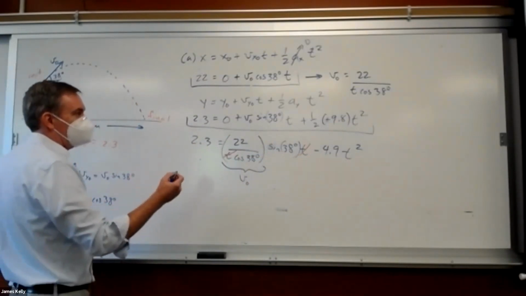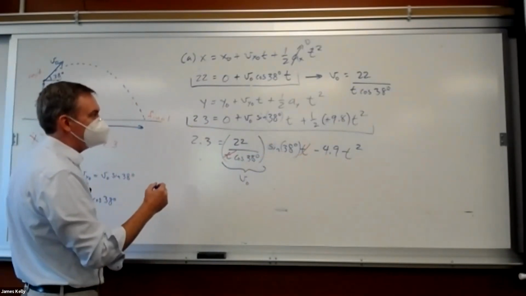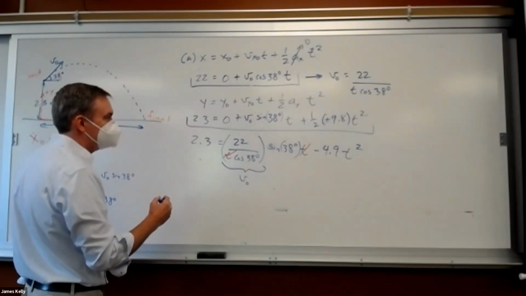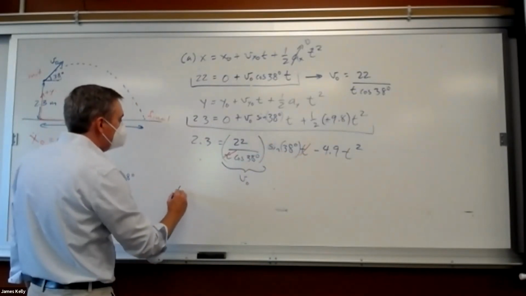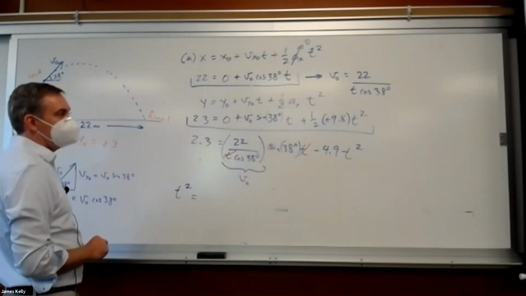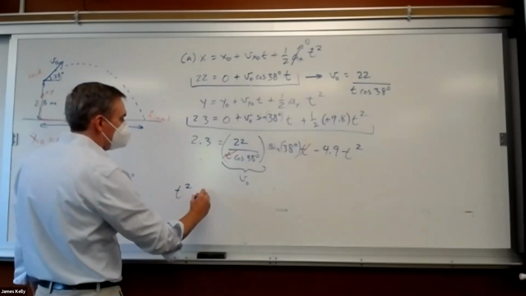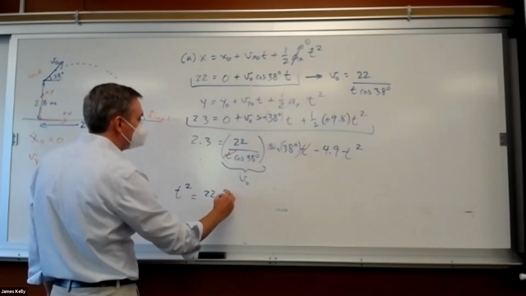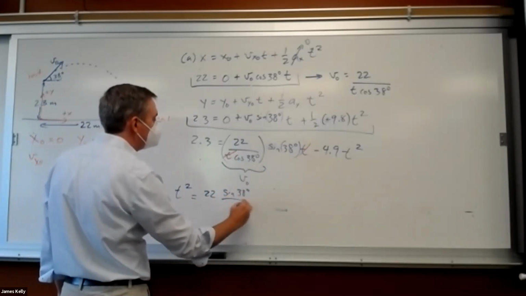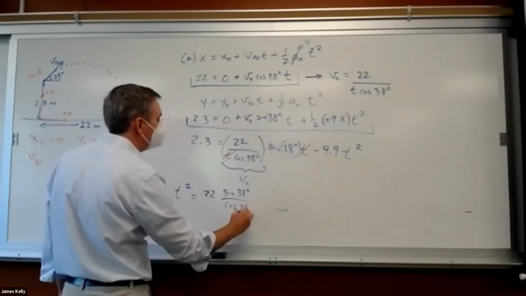So if I wanted to solve here, it's a little bit of a mess the way I've written it now, but I would say that t, if I solve for t squared and then take the square root, that would be 22 times the sine of 38 degrees over the cosine of 38 degrees.